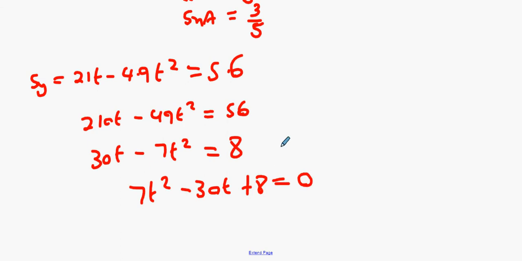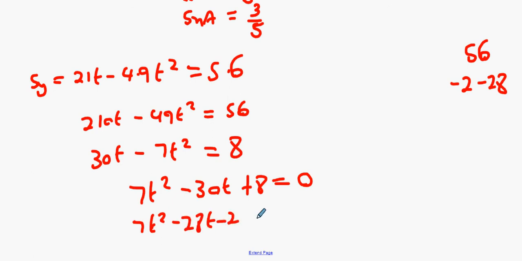Alright, 7 times 8 is 56. 56 needs two factors that give me 30, minus 2 minus 28. Right, 7t squared minus 30t plus 8 equals 0. 7t into t minus 4. 7t plus 2 and t minus 4.